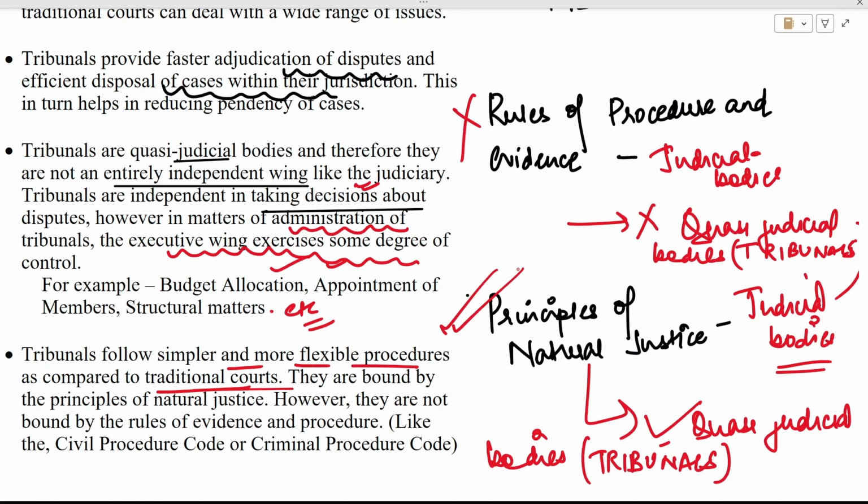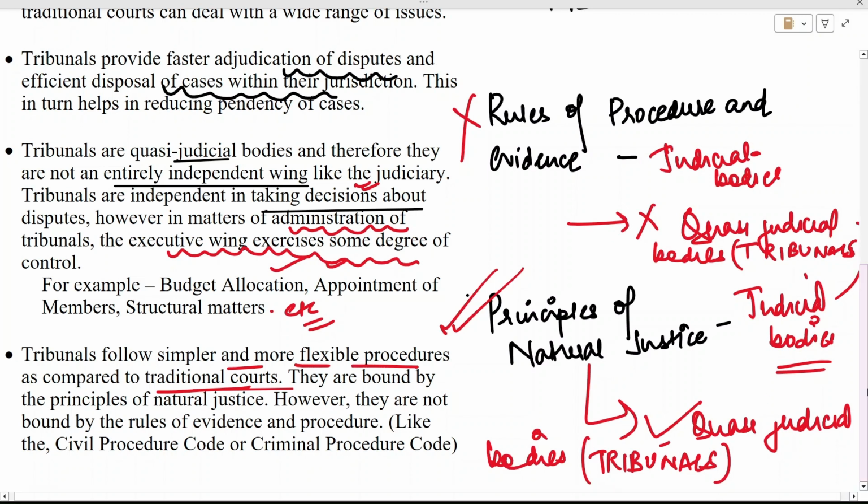Alright, what are principles of natural justice? One principle of natural justice is that both the parties in a case must get a fair chance to present their arguments. They should be heard in a fair manner. Secondly, the person who is judging the case should be a neutral, unbiased person. There should be no bias, because if there is bias, then there will be unfair judgment. Now, these have to be followed by normal courts also and by tribunals also.